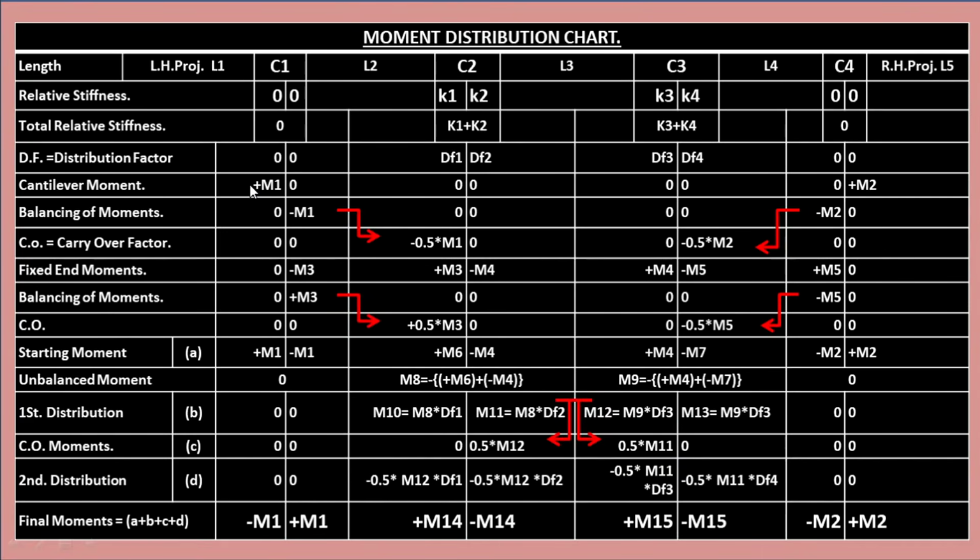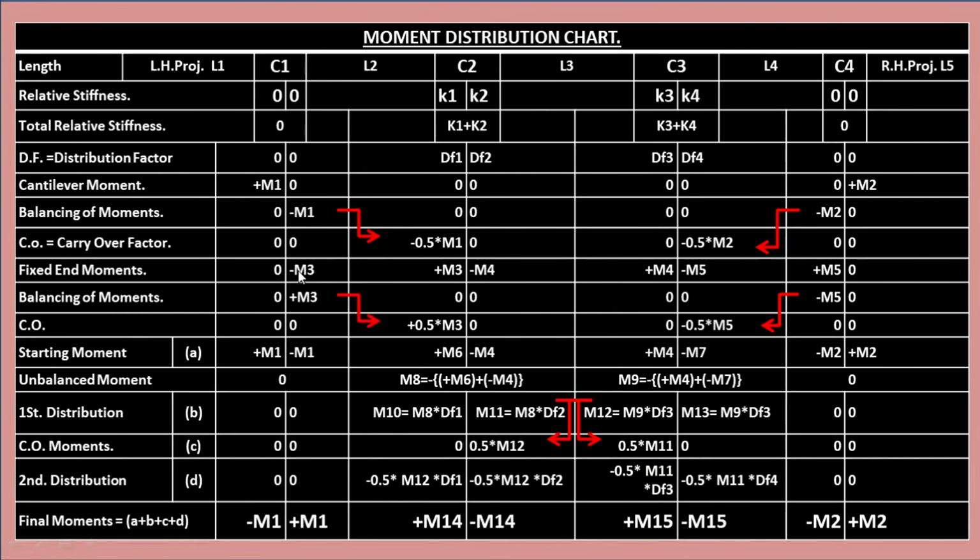Cantilever moment, say plus M1 and plus M2. Now, for stability of this joint, we have to put minus M1. Minus M1 plus M1 is equal to 0. Half of this minus M1 will carry over to this C2 joint, 0.5 M1. Similarly, minus 0.5 M2. Now fixed end moment, WL square by 12.